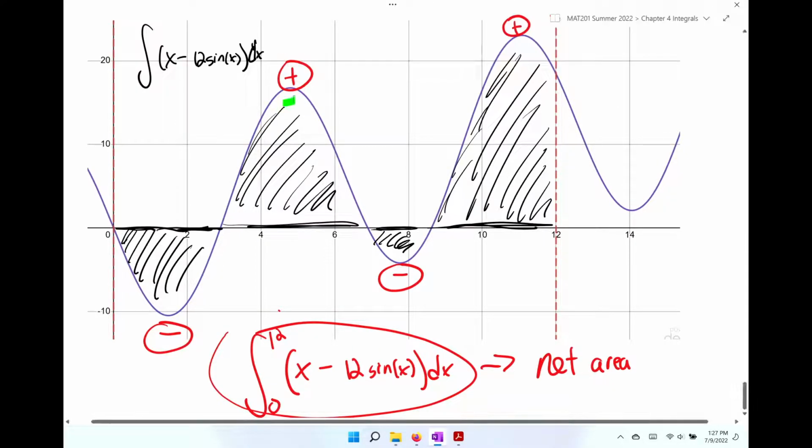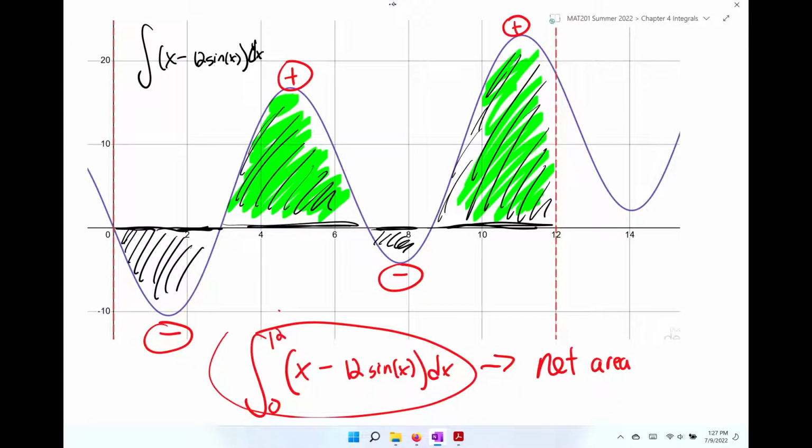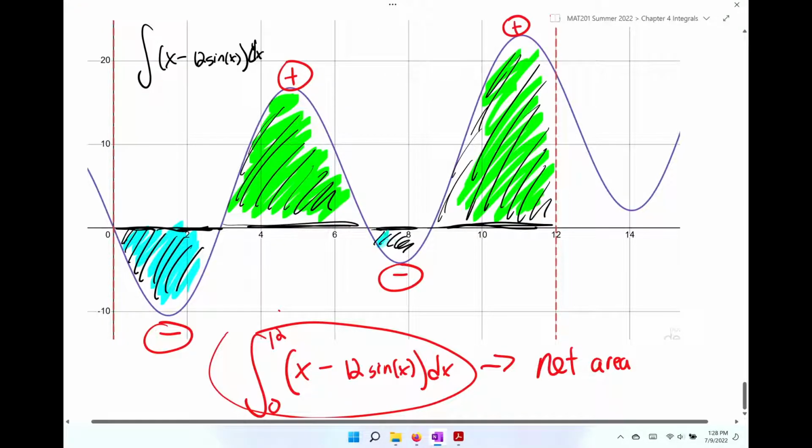So I'll highlight them in green as best I can. So we're adding these two areas, and at the same time, we are subtracting away the areas underneath the curve.